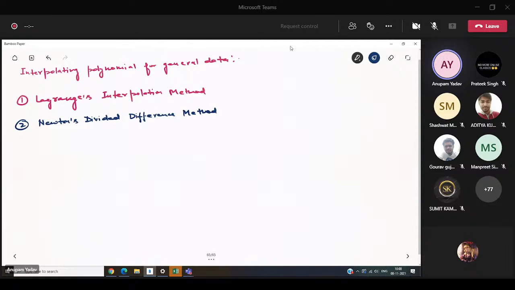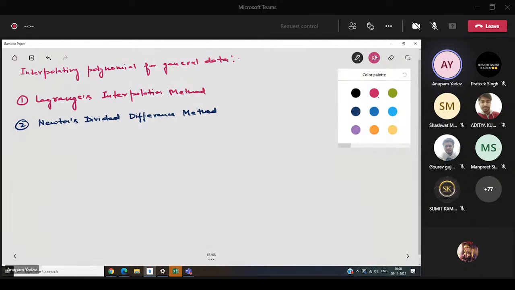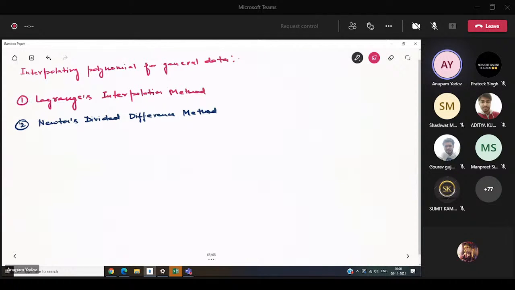Okay, so suppose we have this type of data with us. So first we are going to do this one, Lagrange interpolation method.